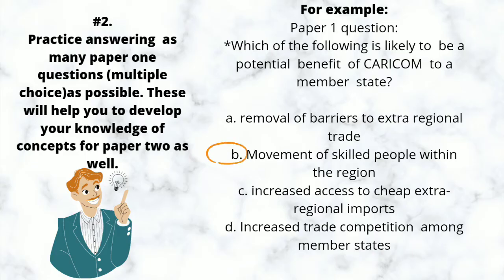Which of the following is likely to be a potential benefit of CARICOM to a member state? The options: A, removal of barriers to extra-regional trade; B, movement of skilled people within the region; C, increased access to cheap extra-regional imports; and D, increased trade competition among member states. I've circled B for you because that is the correct answer.